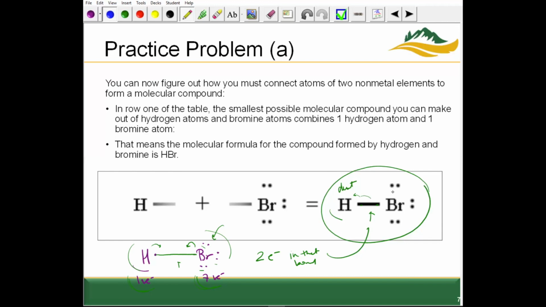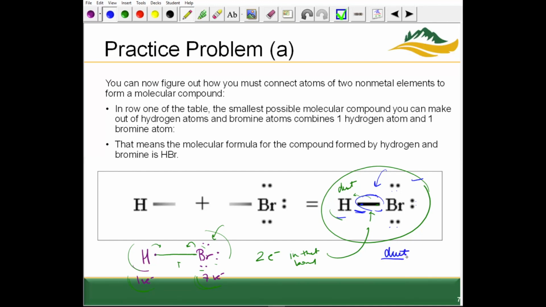For bromine, it's 1, 2, 3, 4, 5, 6, 7, then 8. It's now surrounded by the 8th valence electron because it's formed this bond with hydrogen. So this electron over here does fill bromine's octet. That's the point of bonding, is to have our atoms have a happy octet or happy duet.